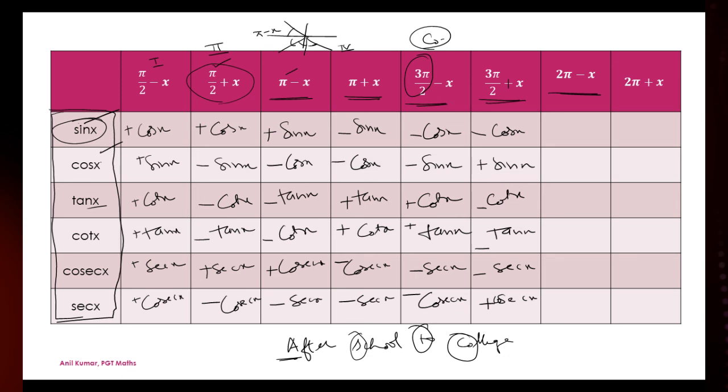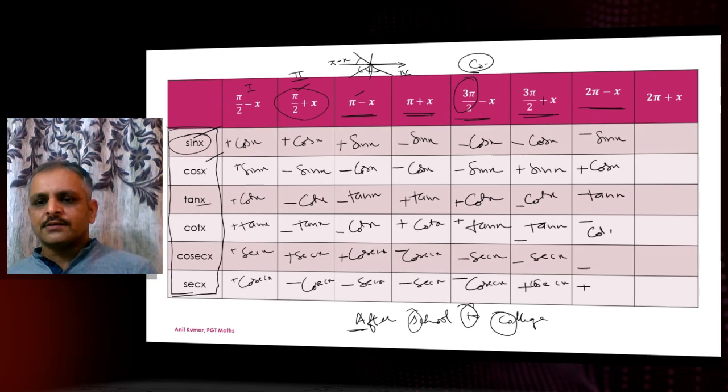2 pi minus x, again in the fourth quadrant, cos will be positive and secant will be positive, the remaining are negative. And 2 pi, then what will we do? No change, because it's a linear angle, keep it as it is: sin x, cos x, tan x, cot x, cosecant x and secant x.